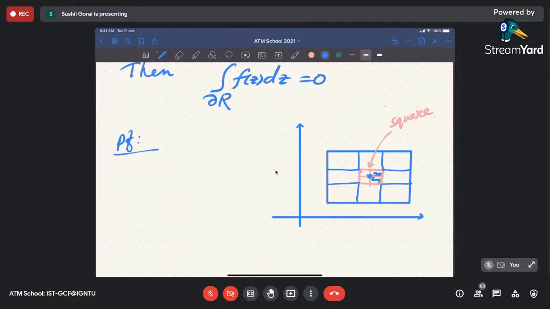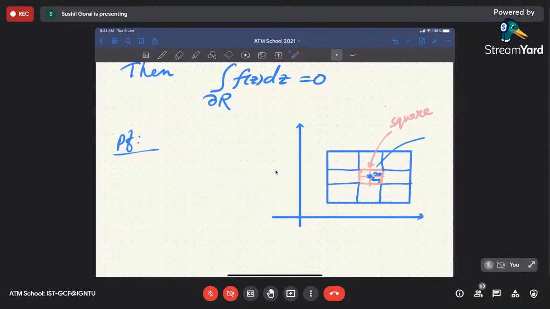Now for all the other rectangles, f is holomorphic, so they don't contribute to the integral. Only this square can contribute to the integral. In the other rectangles, the function f is holomorphic in a neighborhood. So by the previous theorem, the integral over all these rectangles vanishes.